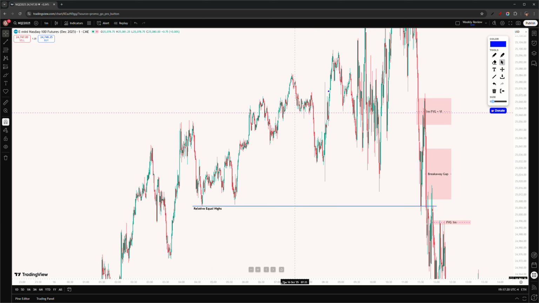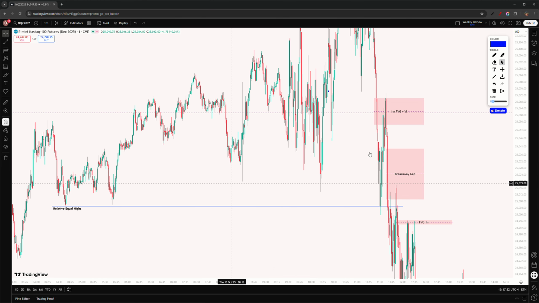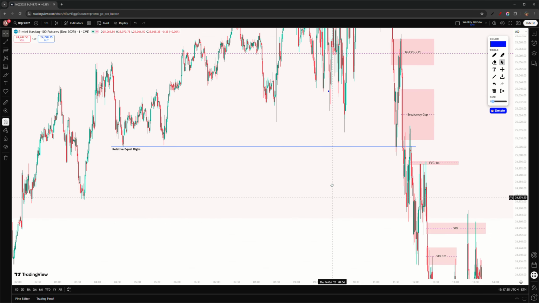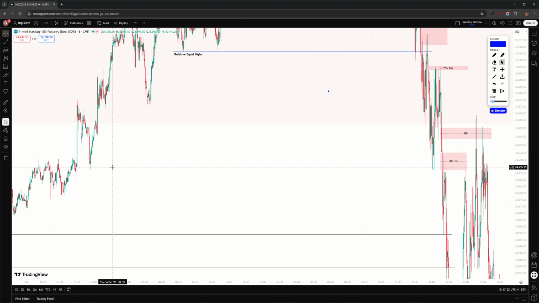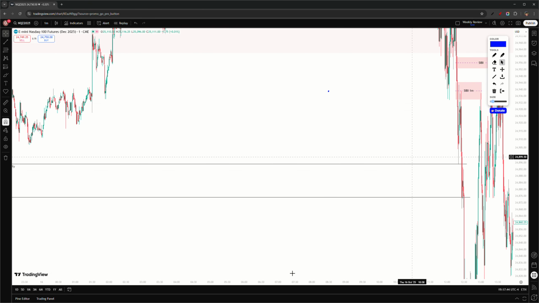We did that here. See how we did that here, right? We did that here as well. I don't have this highlighted, but we did that here. So whenever we tap into sell side liquidity, there's a reaction, a retracement, and then resuming going lower.